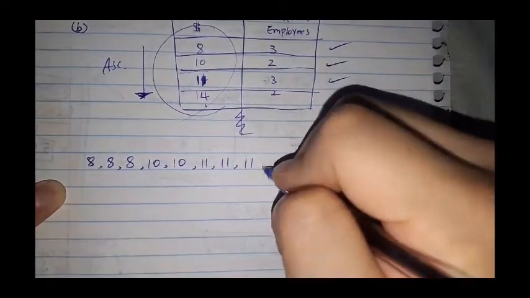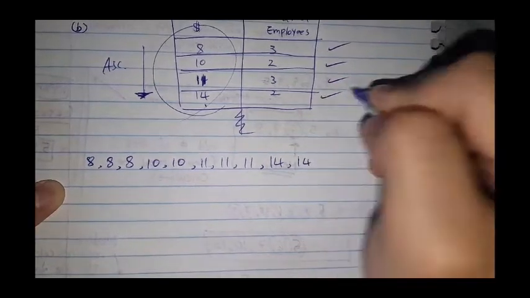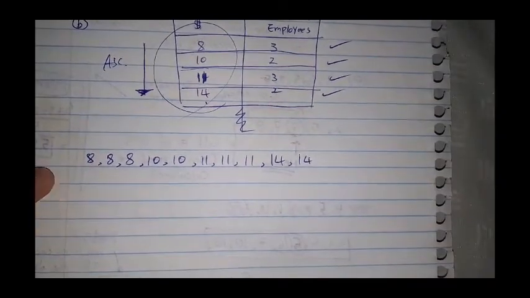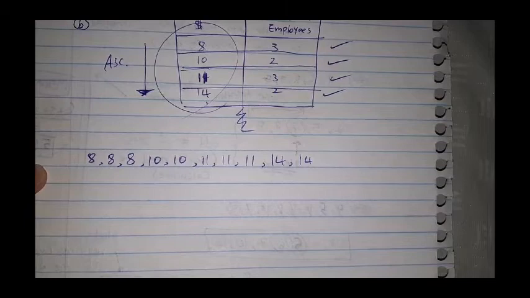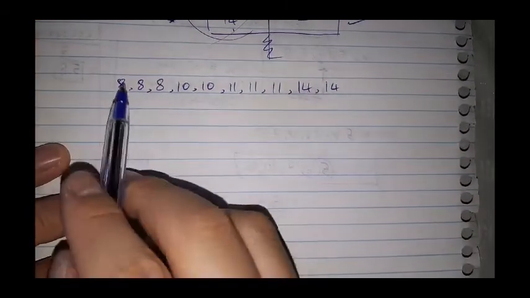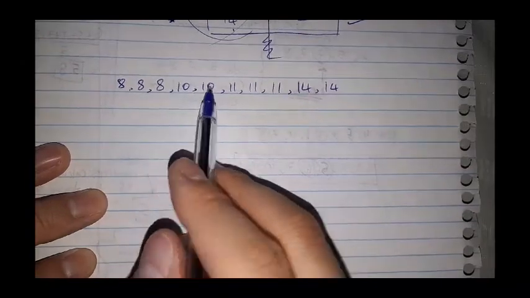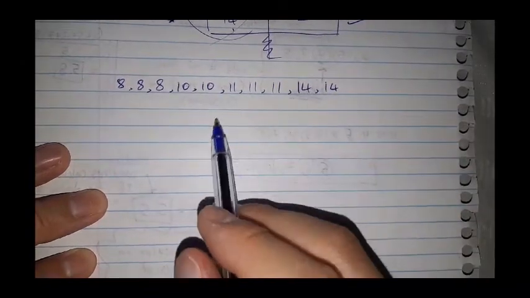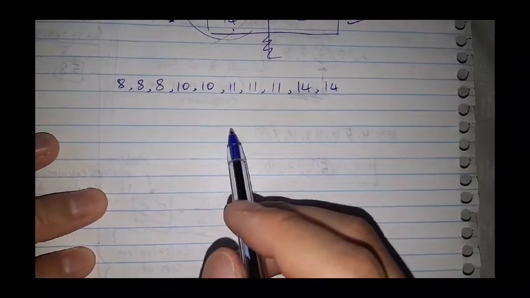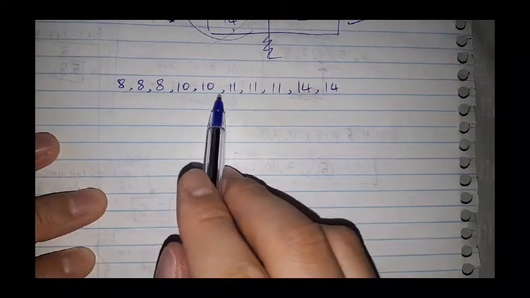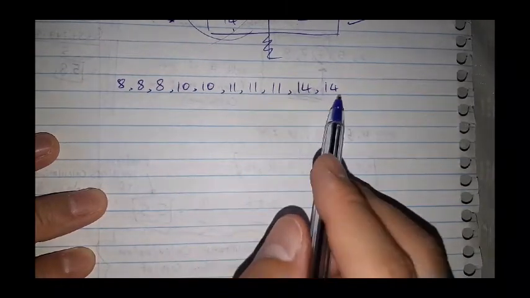Then 14 for 2, 14, 14. Just like that. We already did the very first step. So we basically have 8, 8, 8, 10, 10, 11, 11, 11, 14, 14. It is a good idea to count every number. So we have 3 and 2, that's 5. 3 and 2, that's 5. So 10 sets of data. Number of data set is equal to 10.